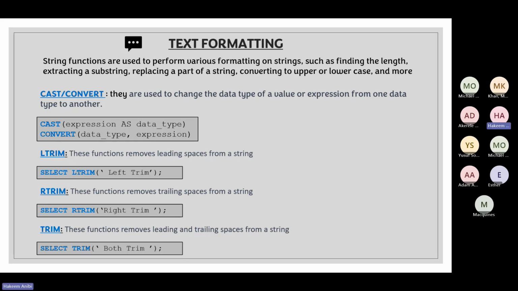The first function I'm going to be looking at today is the cast or convert function. They're actually two different functions, but they have the same functionality. They are mainly used to convert a data type from the current data type to another data type.